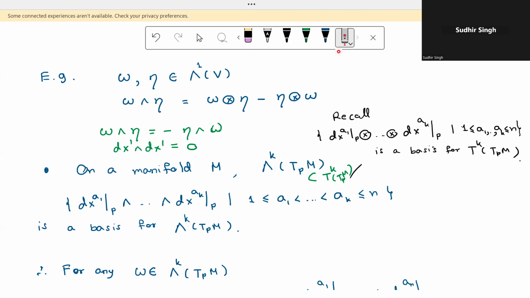And also we have to use this ordering too, because from this property here, you have that dx1 wedge dx2 will be minus dx2 wedge dx1. So there is a relation between these, they're anti-commuting. That's why we use this ordering, to get rid of this relation.